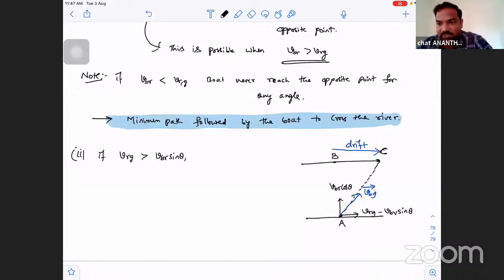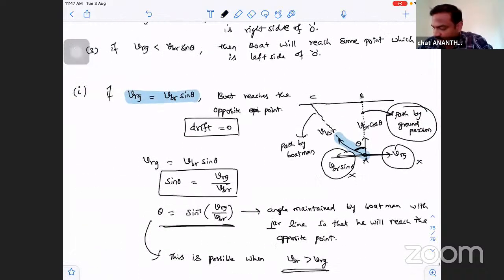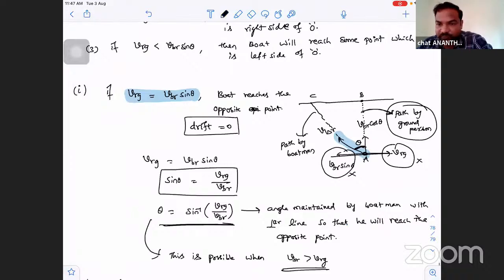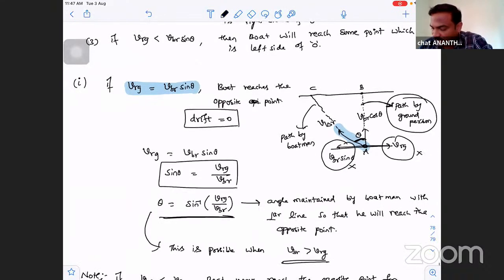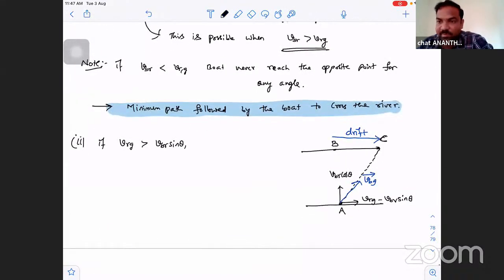When VRG is equal to VBR sin theta, we got some angle theta. Again here VRG is greater than VBR sin theta for the same angle. The angle has to change; the angle has to decrease. If the angle decreases, VBR sin theta will decrease, then VRG will be more than VBR sin theta. So theta is not the same, but we are writing it as theta.